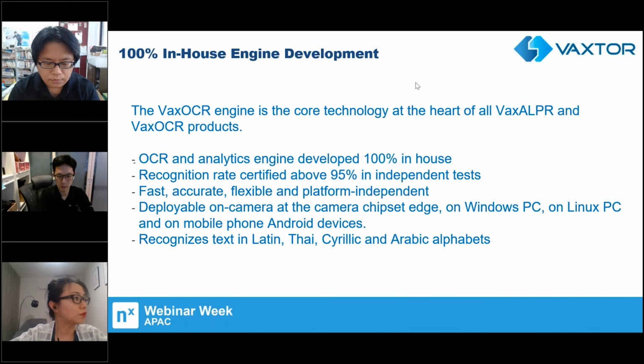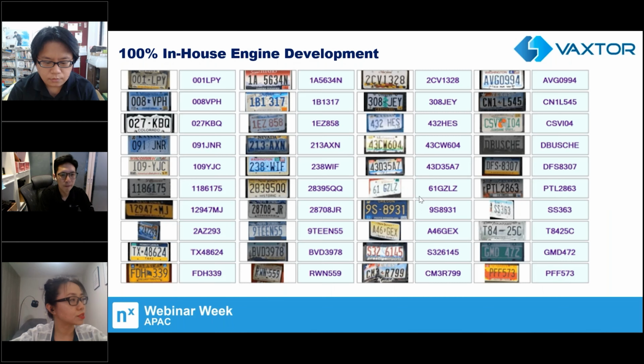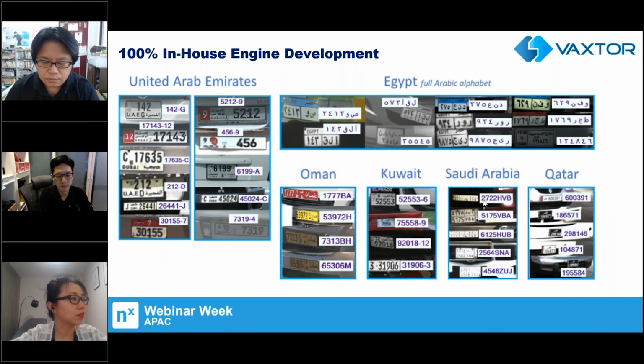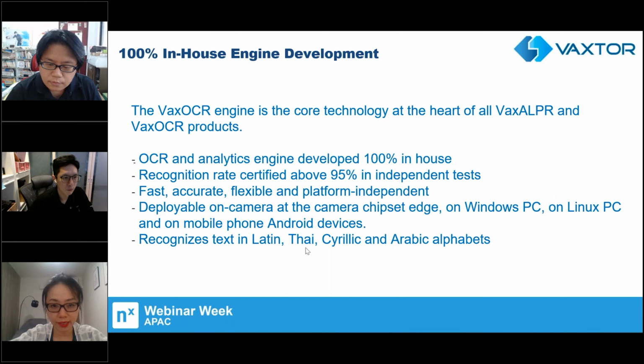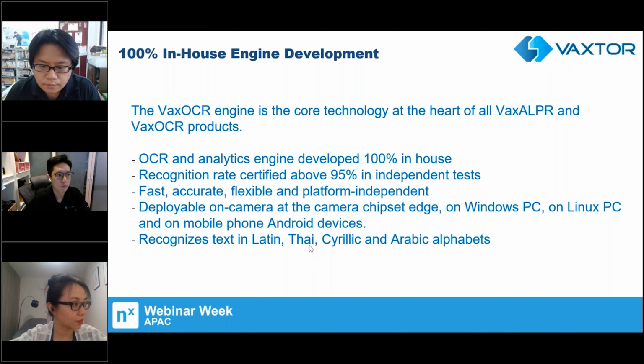Following 2 slides basically just show you a lot of the different foreign grammars we are already able to support. Other than the basic Latin characters, right now we are able to support Thai, for Thai license plates, Cyrillic, for Mongolia license plates, and Arabic, for the Middle East.